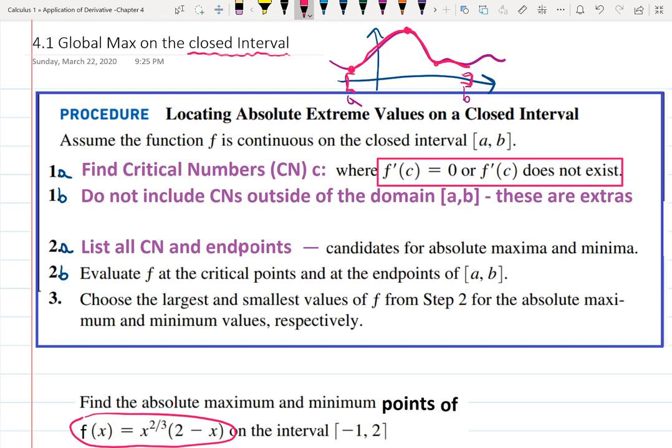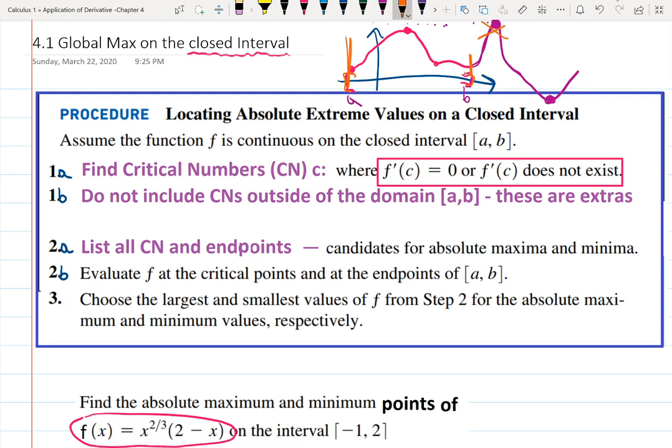Then the thing is, you might have extra points. Here's the example on the graph. For example, this point over here is the global maximum. You see, it's the highest one, much higher than the one I had before in pink. Or maybe over here, it's the global minimum. But if I'm still working on the interval a and b, the situation should be considered only from a to b.